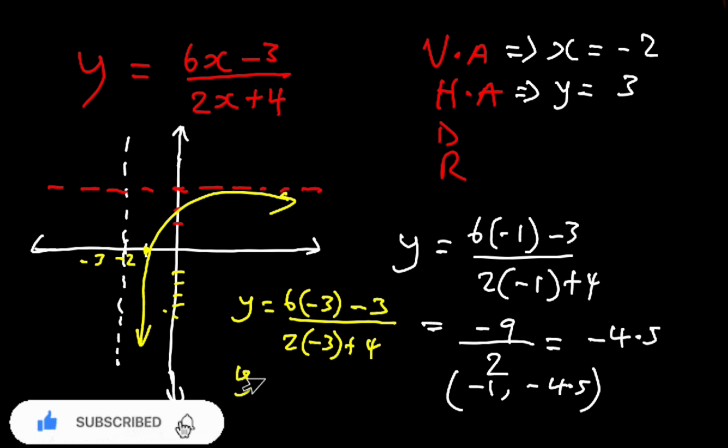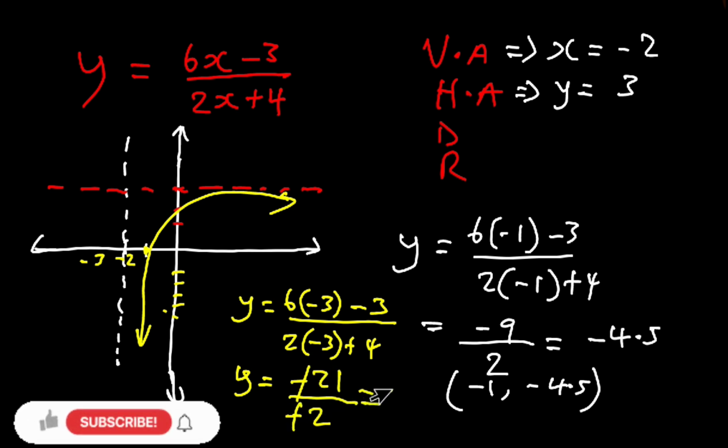Then y is going to be equal to 6 times -3 is -18. -18 minus 3 is -21, divided by 2 times -3 is -6. -6 plus 4 is -2. And then this and this will cancel. 21 divided by 2 is equal to 10.5.